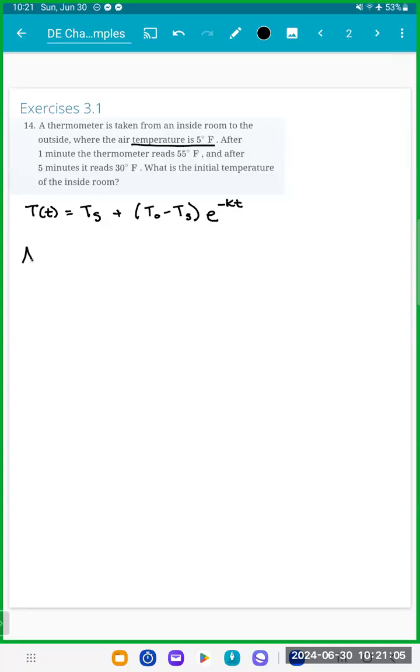So if we assume that dT/dt is equal to k(T minus 5), right, so that our T is equal to 5 plus c times e to the kt, right?